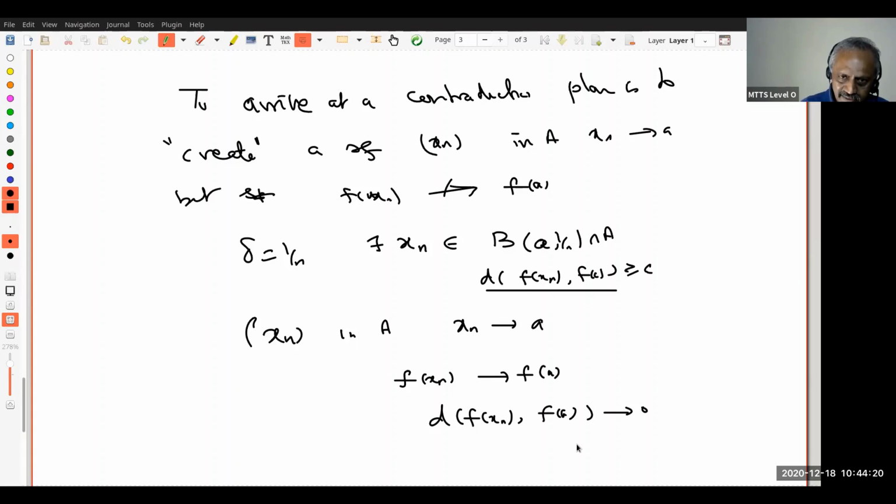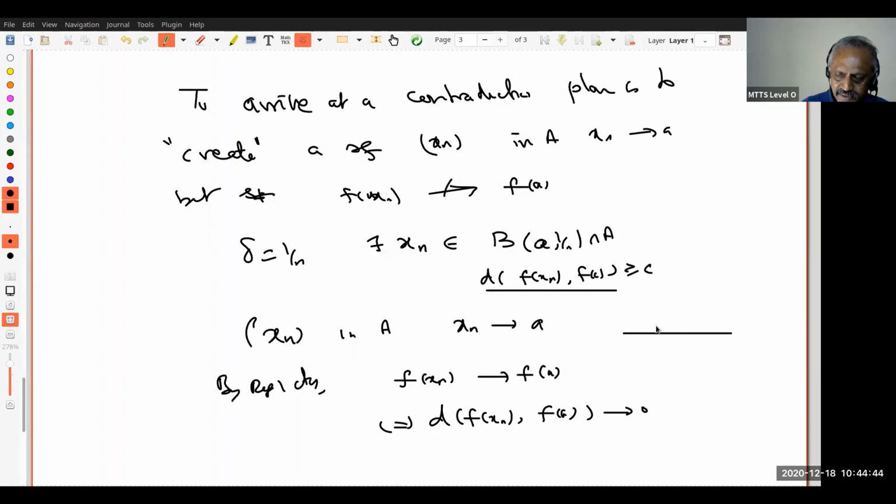Do you understand this? For every n, the distance between f(xn) and f(a) is greater than or equal to epsilon. But by definition 1 continuity, f(xn) must converge to f(a), and this is the same as saying the distance between f(xn) and f(a) must go to 0. But it cannot go to 0 because this number is always greater than or equal to epsilon.